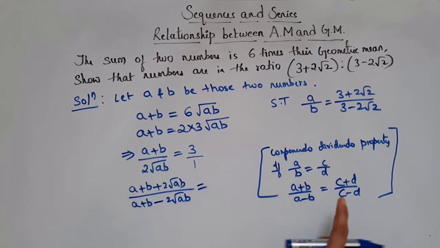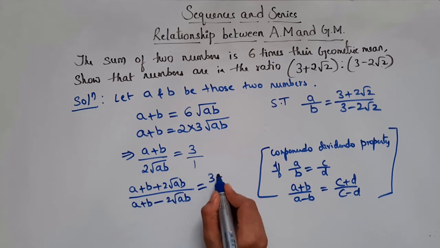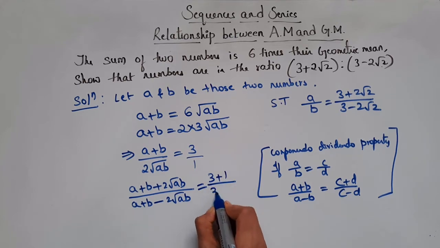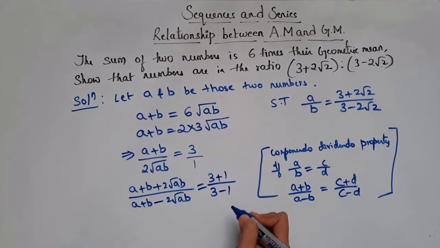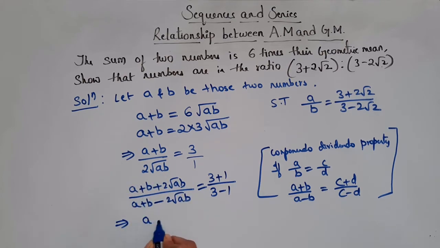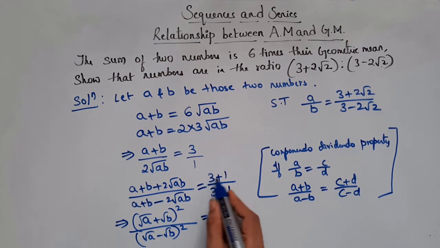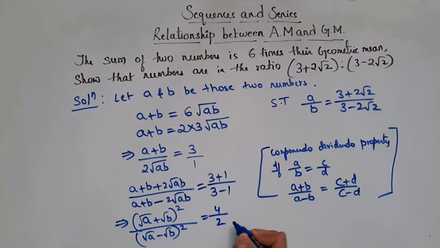Which is equal to C plus D, C is 3 plus D by C minus D. So here if you see, this is of the form root a plus root b the whole square by root a minus root b the whole square, which is equal to 3 plus 1 is 4 by 3 minus 1 is 2. So 2 1s are 2, 2 2s are 4.